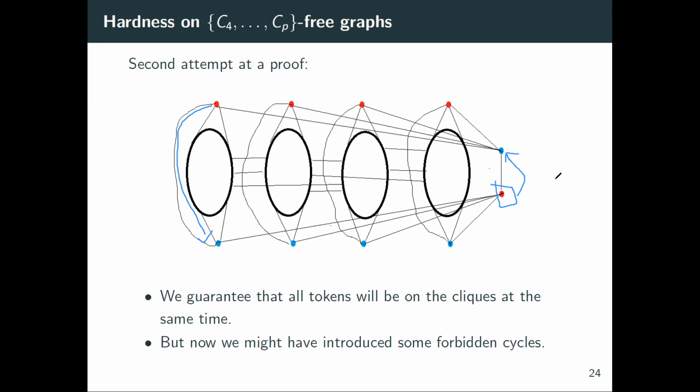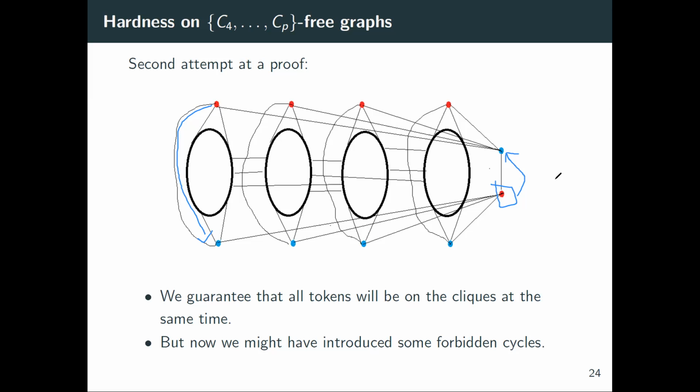And now we get the behavior that we want. So now we can guarantee that if there is a sequence that takes the red tokens to the blue positions, then some way along that sequence, the tokens are all going to be within the cliques.